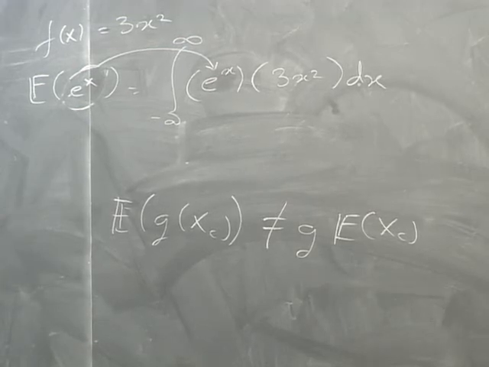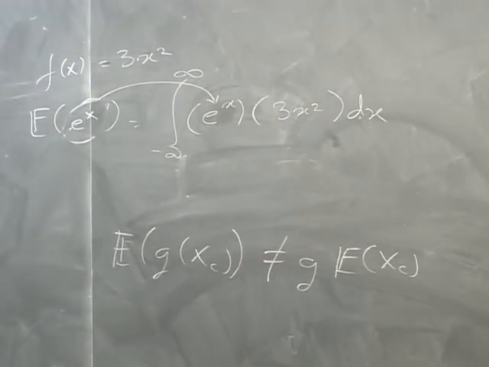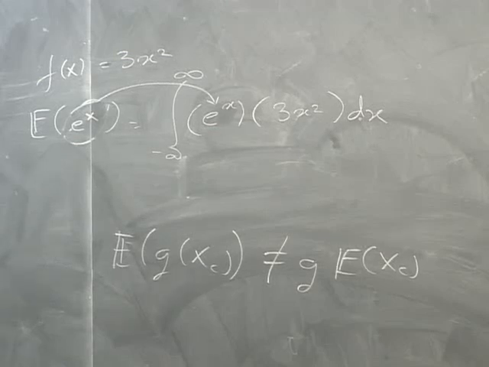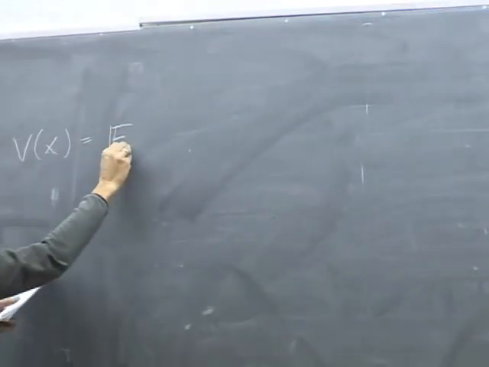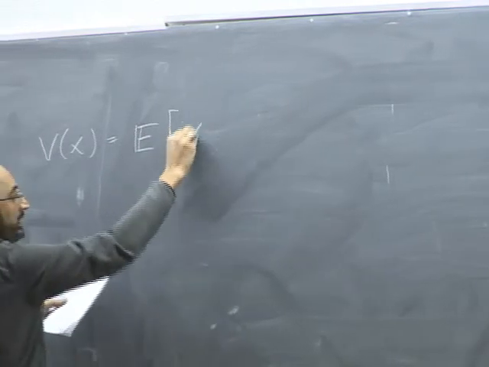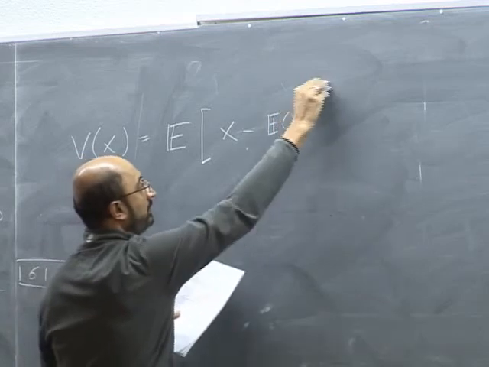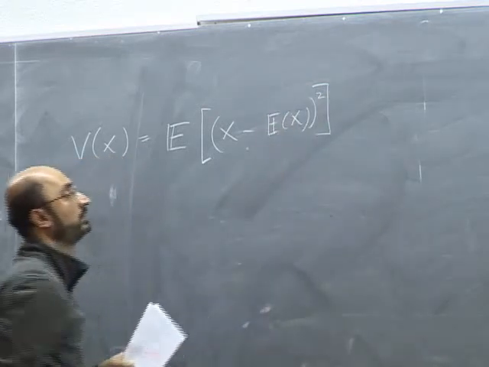The variance of a random variable is just a special function of the random variable. Let me take that back: variance of X is the expected value of (X minus the expected value of X) squared.